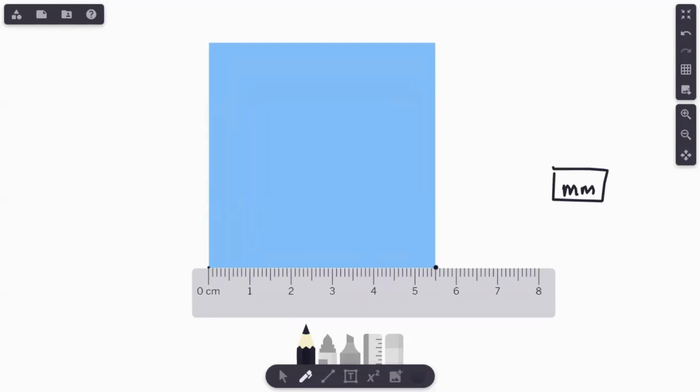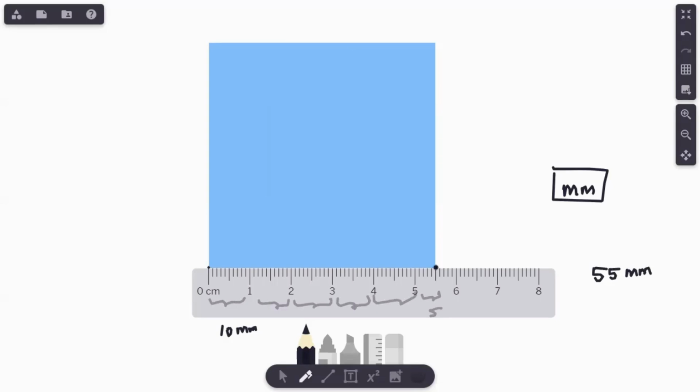All the small divisions that we see here denote the millimeter. If you count the millimeters, it will take long. In every division, you can see 10 millimeters over there. Similarly, 10, 20, 30, 40, 50 full, and here half of it, which is 5. So 55 millimeter. This is one way we can work it out.